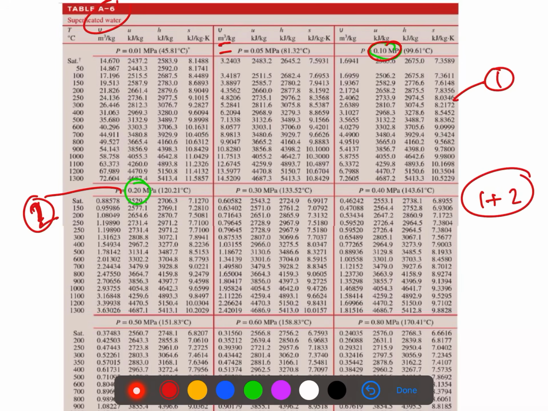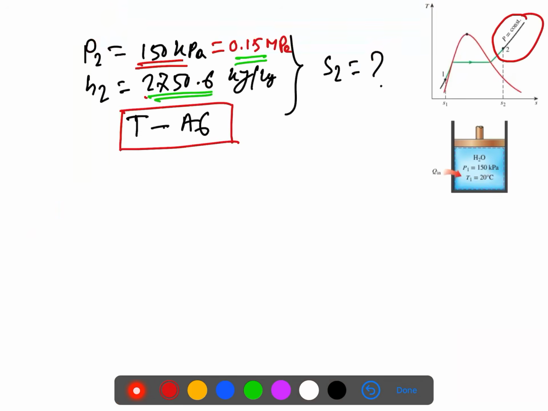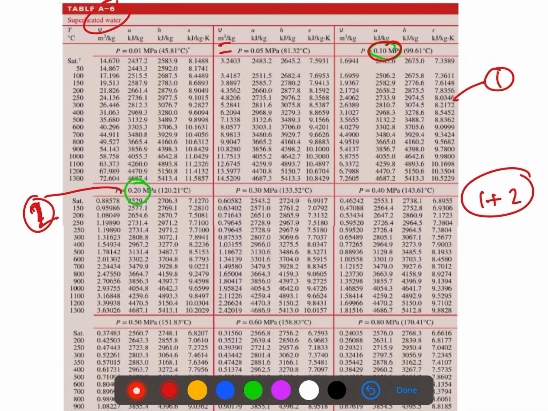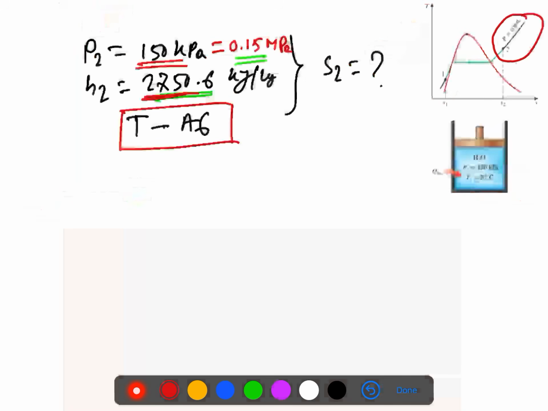At 0.1 MPa, if you see what the h2 is, 2750.6, here it is the enthalpy, and our value is 2750.6.